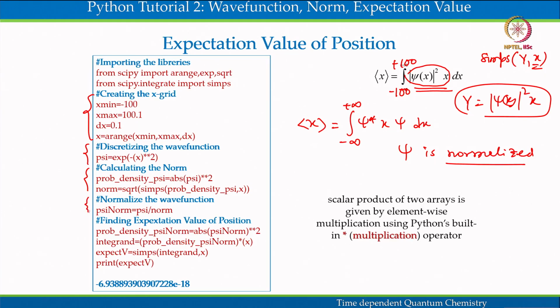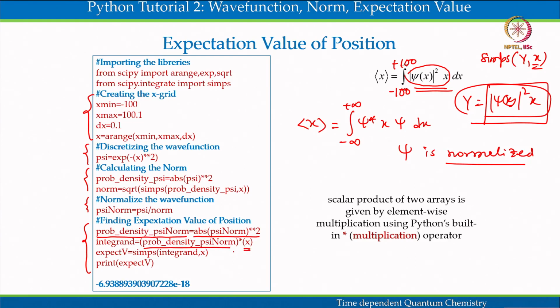So we normalized it. This part is also known, and then a little bit tricky part we have made here. First we have to get the probability density of the normalized wave function. That is known to us now. Then the integrand part we will just write down. This probability density will be multiplied by x.